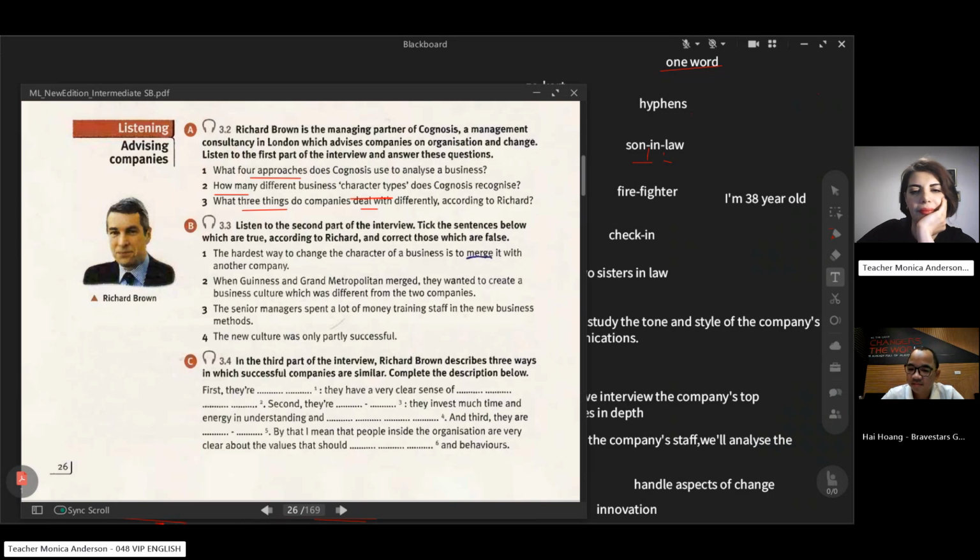Example of how a business changed its organisation and why? Many businesses try to change their organisation, their culture, and they do that to be better able to compete and grow, but it's a very hard thing to do. It's often easier to change a business's character by merging with or acquiring a competitor.